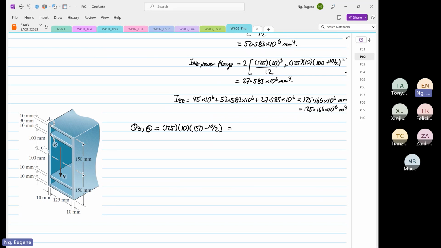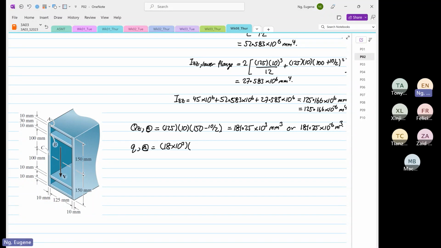So this will be equal to 125 times 150 minus 5 times by 10 times 125, which is equal to 181.25 times 10 to the power 3 millimeter cube, or 181.25 times 10 to the power minus 6 meter cube. So the Q at point A, the shear force is 18 times 10 to the power 3.